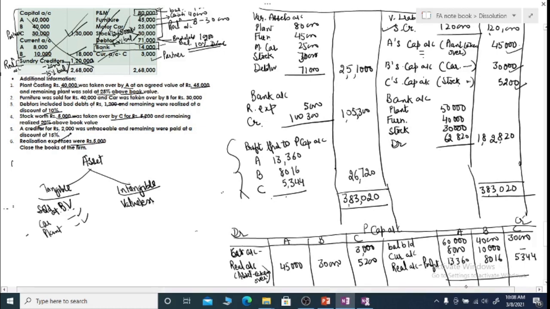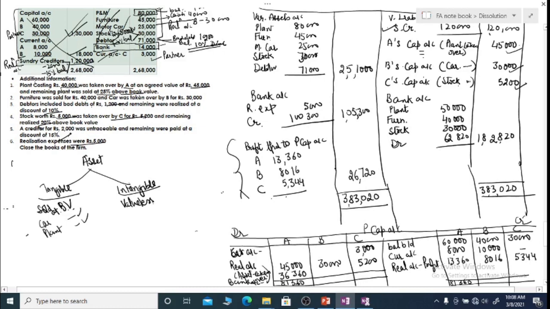So now we are to simply balance the account to find out the final settlement. So here we have 81,360 total. So bank account final payment will be 36,360.